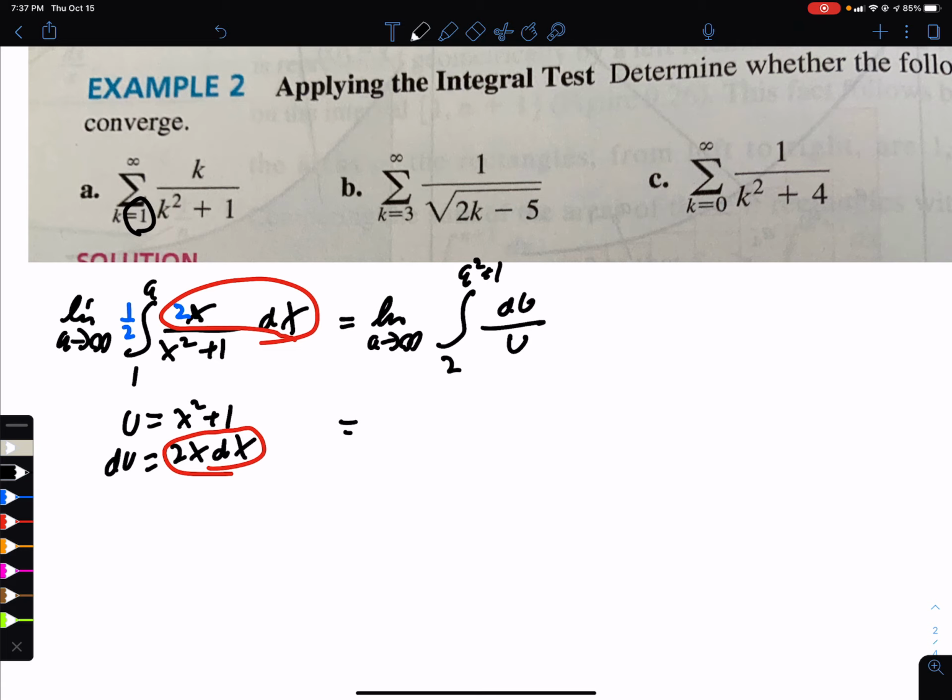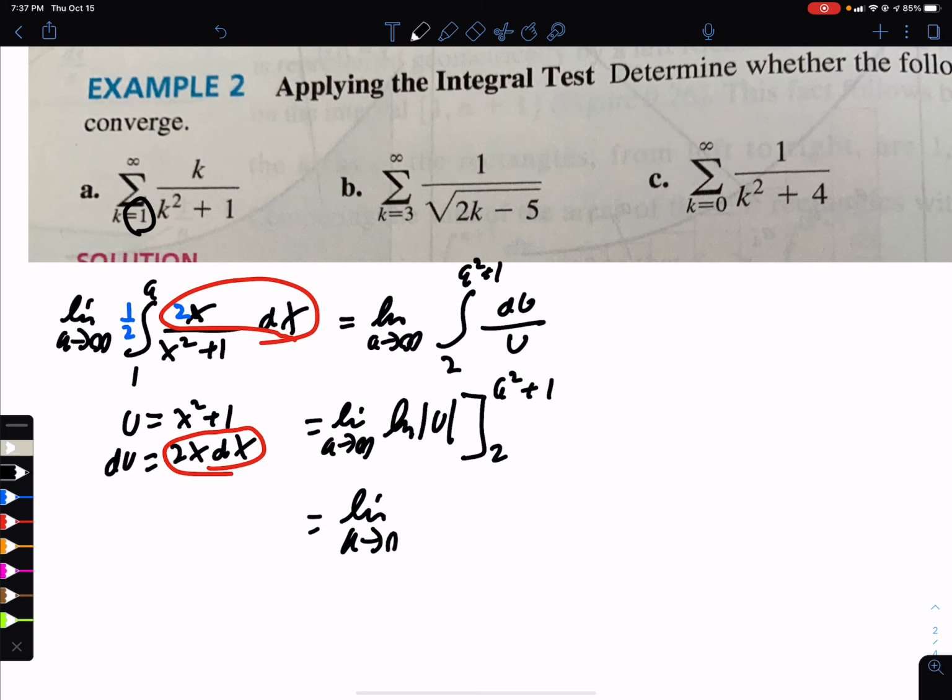Now the antiderivative of that will be ln absolute u from 2 to a squared plus 1. I forgot my limit in front, which equals ln of a squared plus 1 minus ln 2.